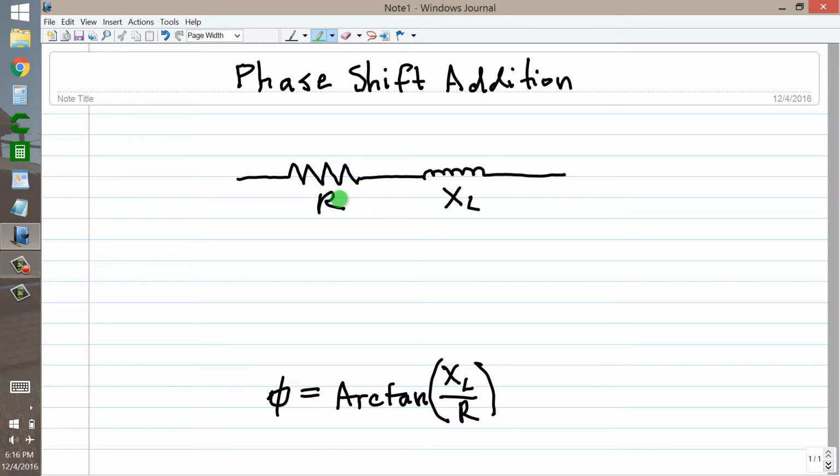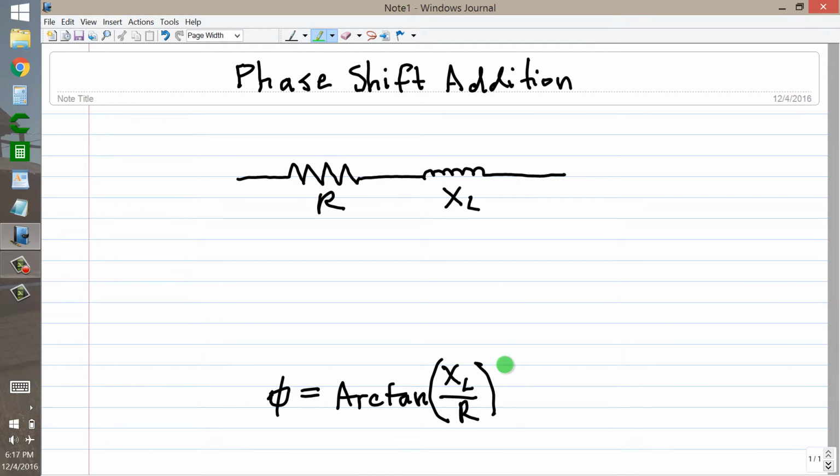That is, the current will lag the voltage by a certain amount of phase, which we symbolize by the lowercase Greek letter phi. And the value of that phase shift phi is equal to the arctangent of the inductive reactance divided by the resistance, the arctangent of the quantity of the inductive reactance divided by the resistance.